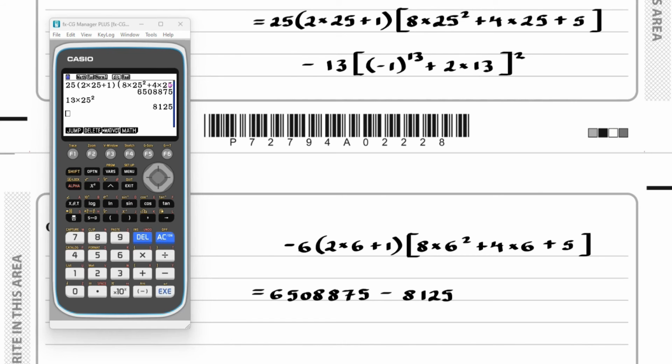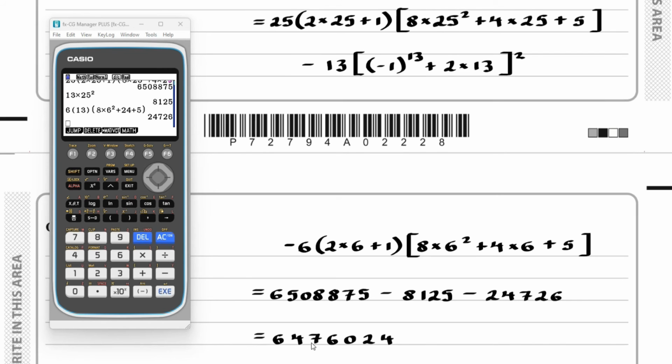So I subtract 8,125, and then if I work out 6 multiplied by 13 multiplied by 8 times 6 squared plus 24 plus 5, I then subtract 24,726. Working this out, we end up with 6,476,024.